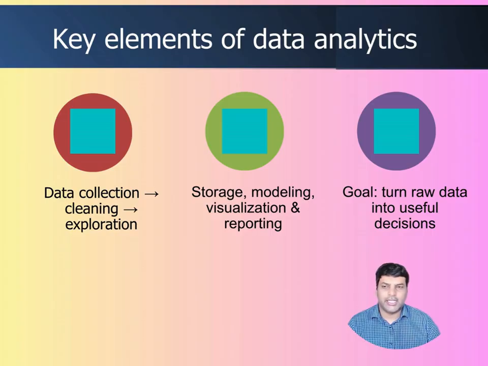Now that we understand where data is often stored, let's look at the data analytics process itself. The first step is data collection, followed by cleaning and exploration. Data may come from databases, websites, census, social media, or business systems.